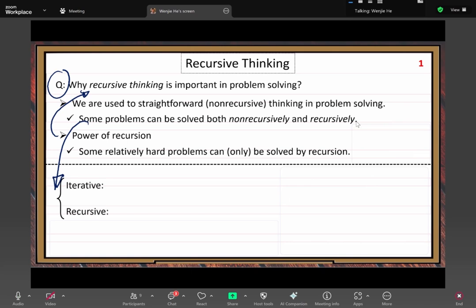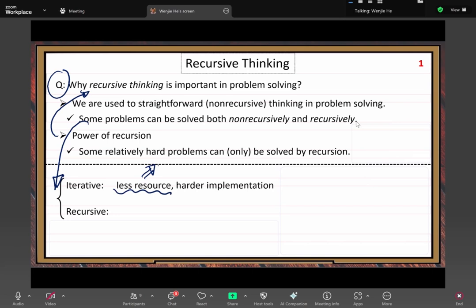Then another one, the recursive way. Now I want to compare the advantages and disadvantages of these two methods. Iterative way, advantage part, pretty important: it uses less computing resource. Mainly the resource we are talking about here is memory resource.